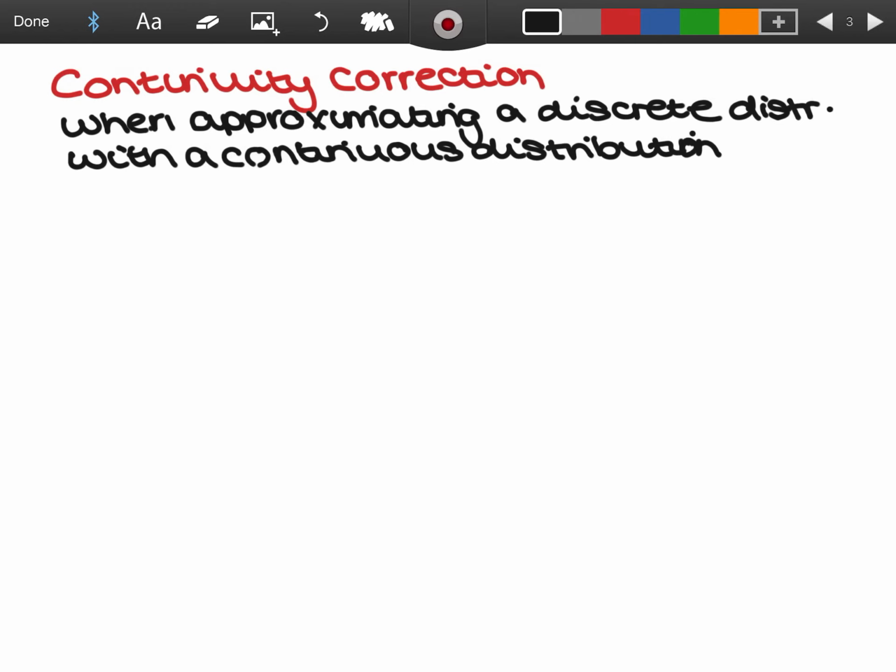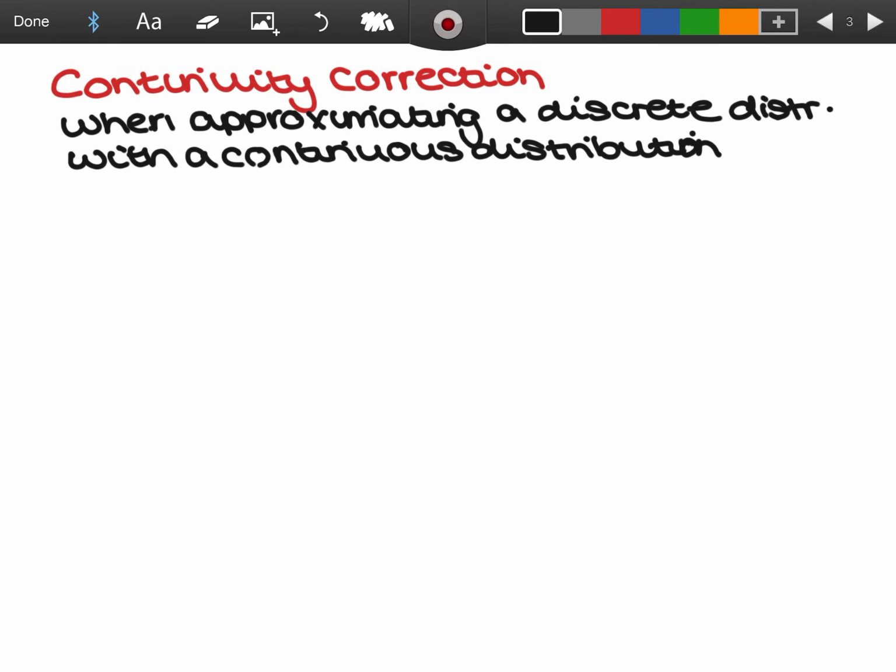What we have to do to apply continuity correction is add or subtract 0.5, depending on the problem, to a value before calculating the probability. We're going to look at some examples of this so you can make sure that you get it the right way.